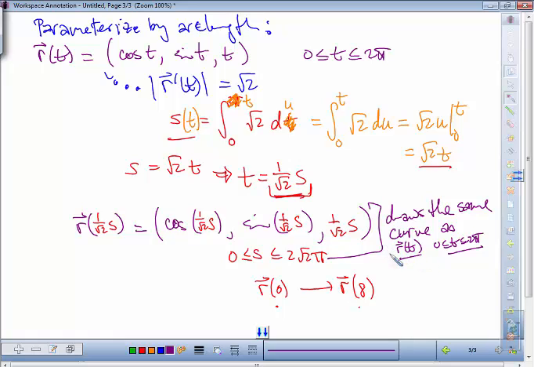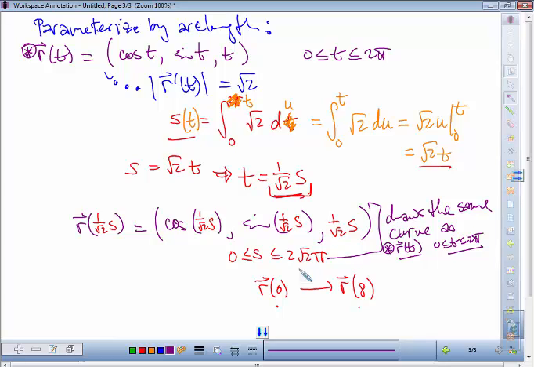Maybe I'll put a star here to say that this is the star here that I'm talking about. It's the original curve that we're drawing from 0 to 2 pi. Once we reparameterize it, we can draw from 0 to whatever arc length we want to go up to. Okay? So that's parameterizing by arc length.